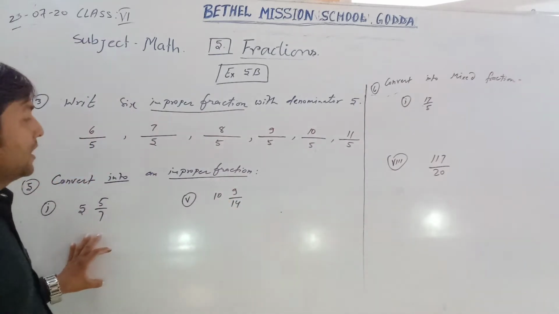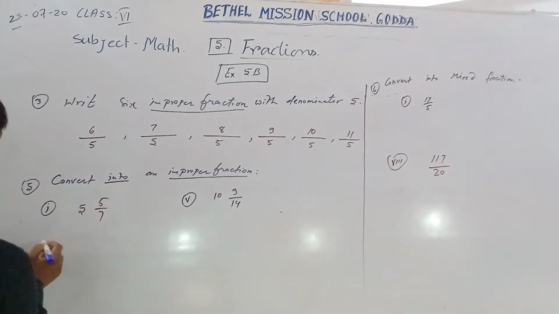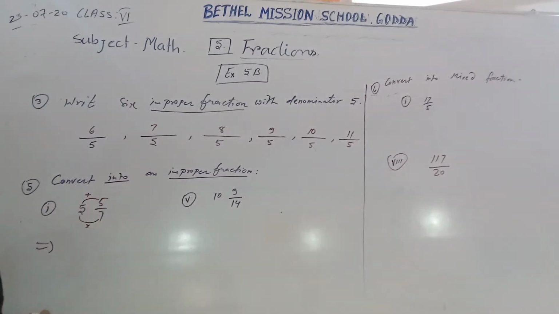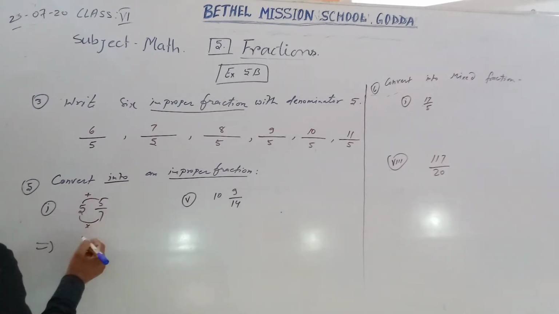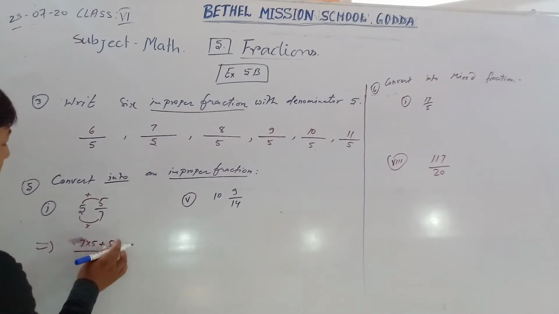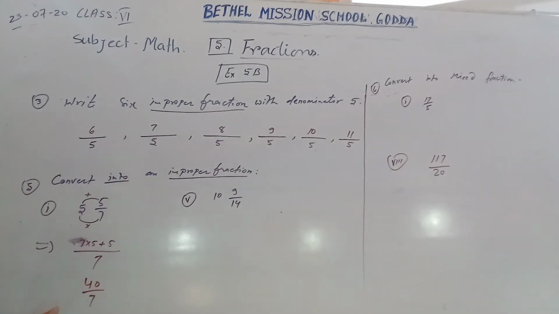The rule says you first multiply by the divisor, then add to this multiplication, and write it over the divisor. So 7 multiply 5 is 35, plus 5 is 40, and 40 upon 7 is the improper fraction because the numerator is greater than the denominator.